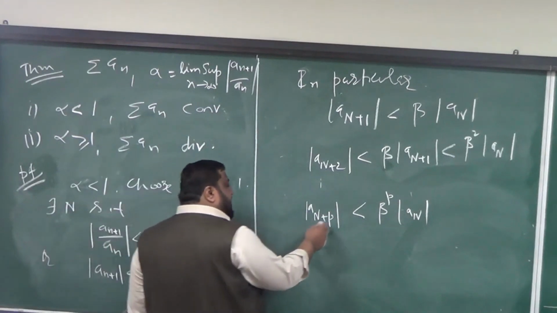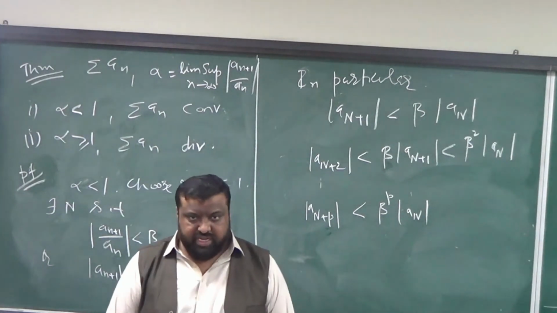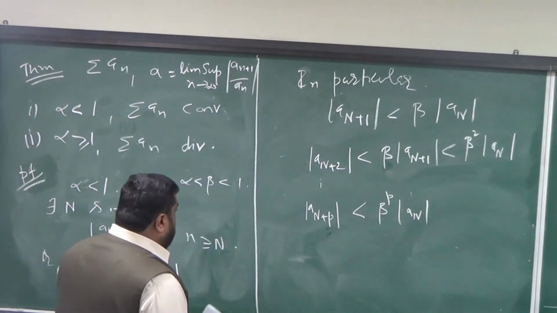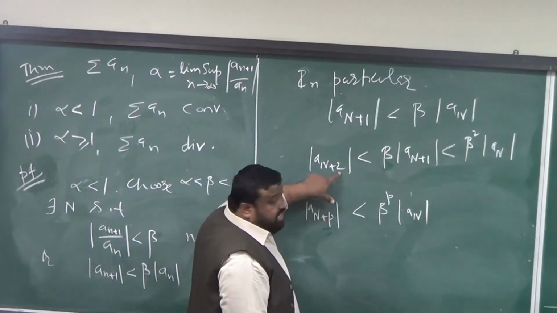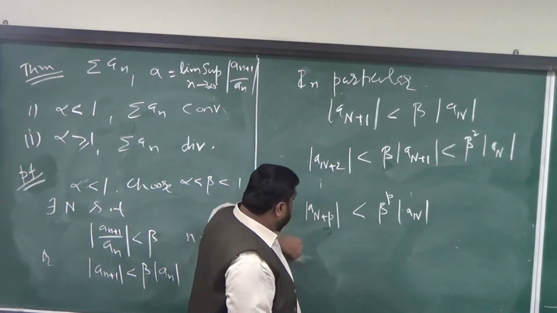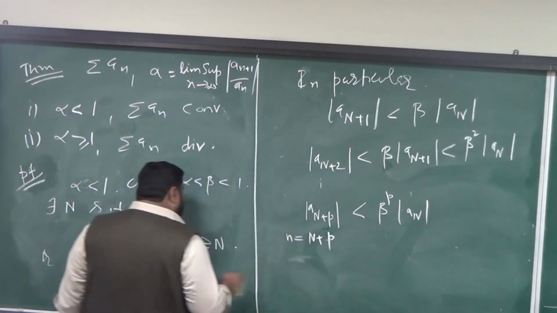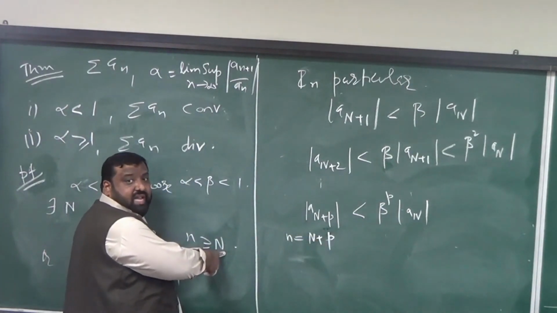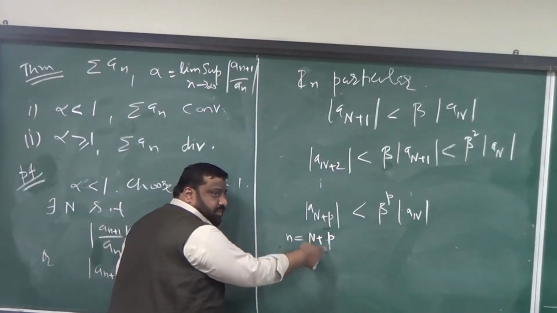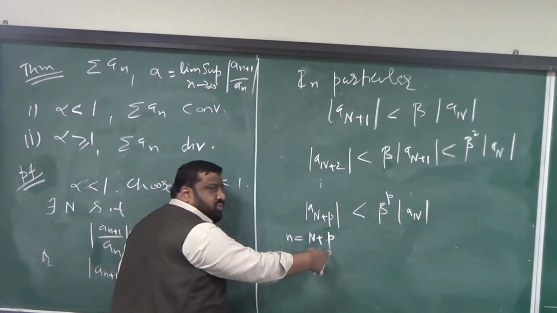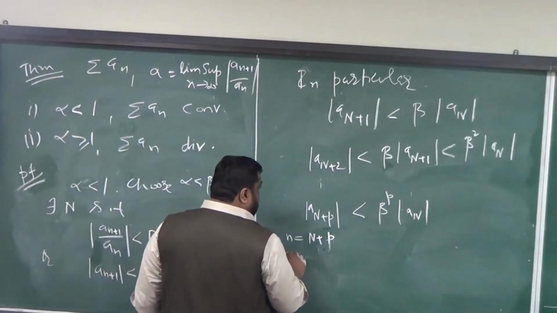I can treat this N plus p as an arbitrary n. Why? Because p can be anything. If p is 1, you get N plus 1. If p is 2, you get N plus 2, and so on and so forth. So when you are saying that n is bigger than or equal to N, you are actually saying that n is equal to capital N plus something, always. That something could be 1, 2, 3, 4. Agreed?